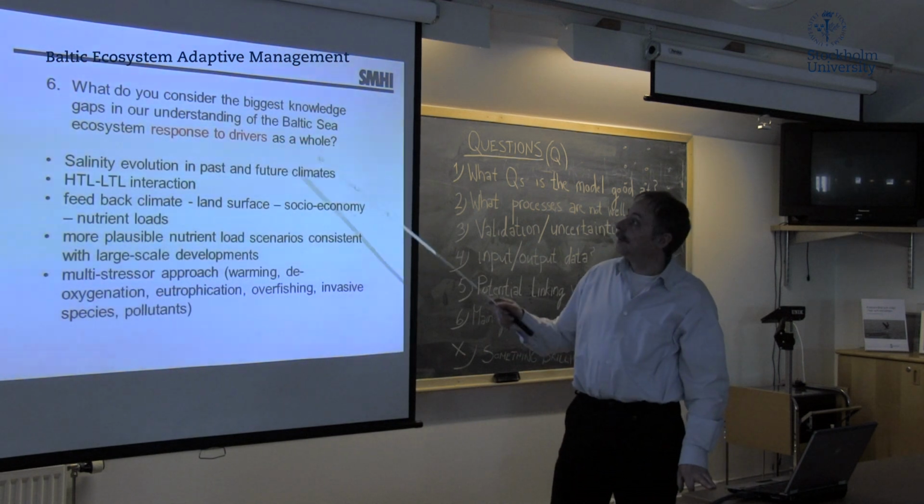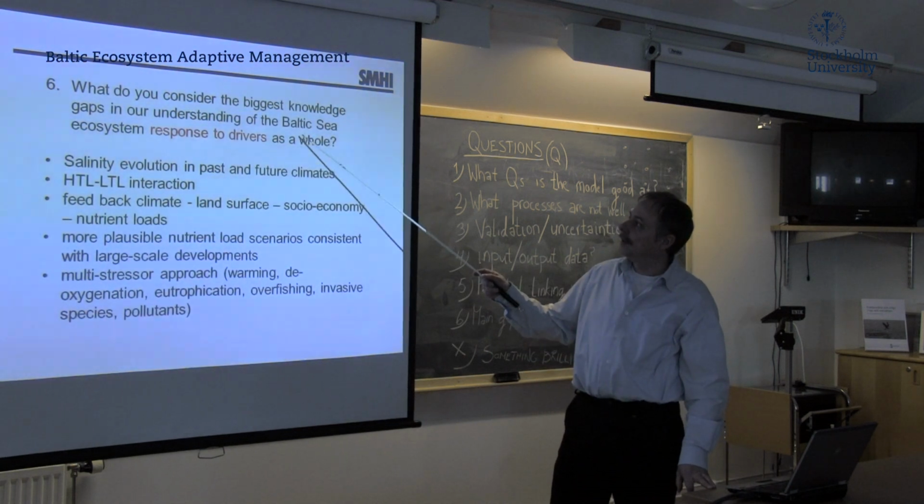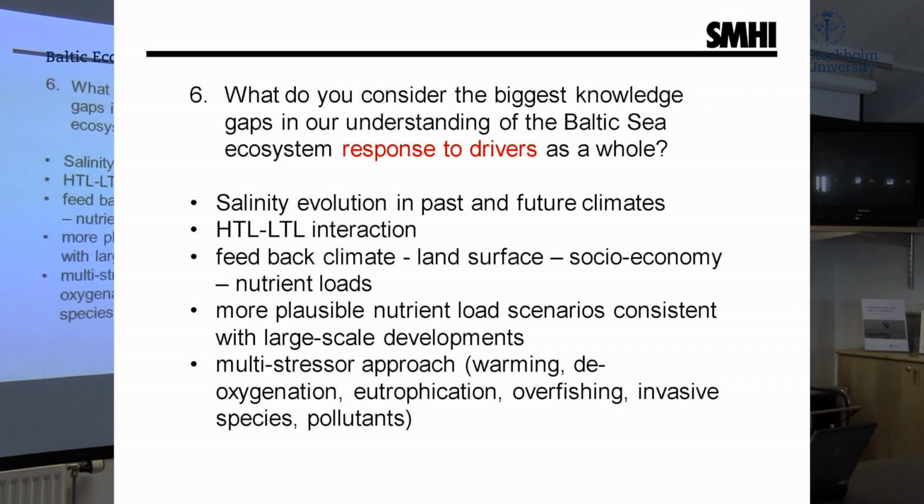What do you consider the biggest knowledge gaps in our understanding of the Baltic Sea ecosystem response to drivers as a whole? Salinity is a big issue in past and future climate, how that evolves.